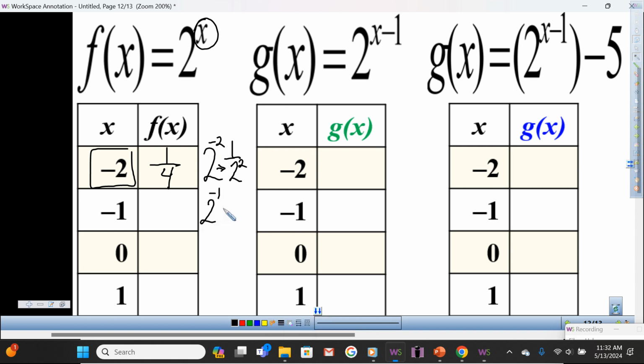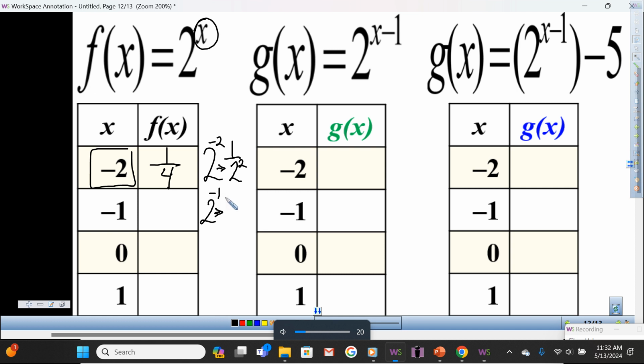2 to the negative 1. Tell your neighbor how to rewrite that, please, and what goes here once they rewrite it. Then we're going to go with Brandon. What is that value? All right.